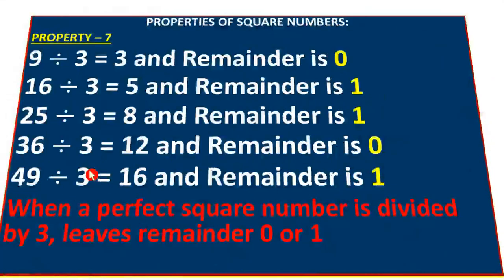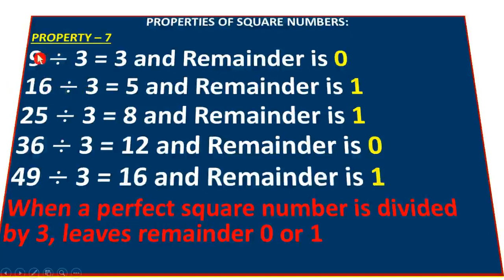Next, come to the next property. Property number 7. When you are dividing, children, do it in your copy itself. Observe here: 9 divided by 3, the quotient is 3 and the remainder is 0. Then 16 divided by 3.